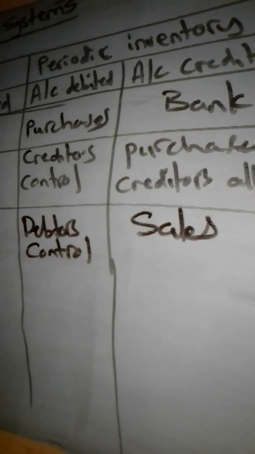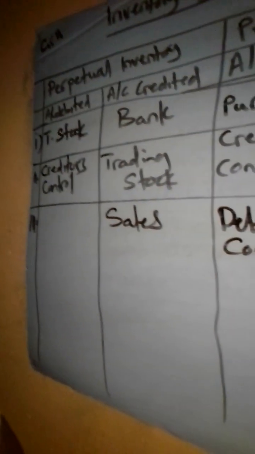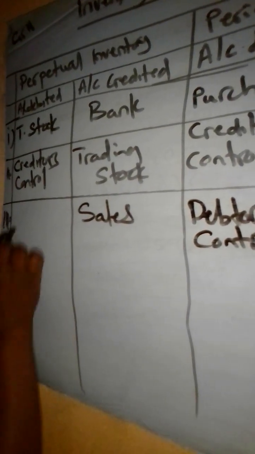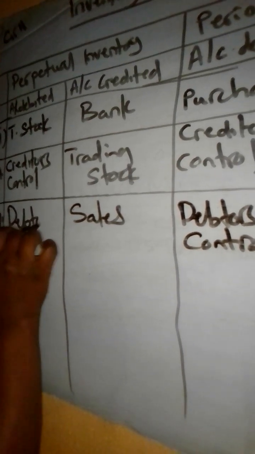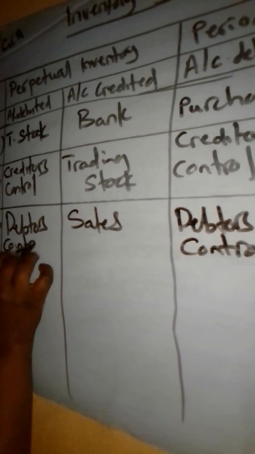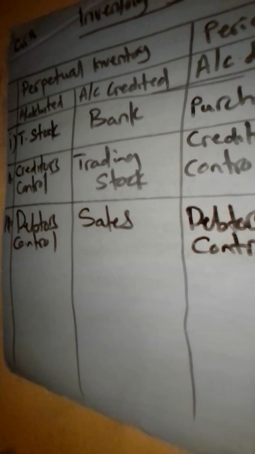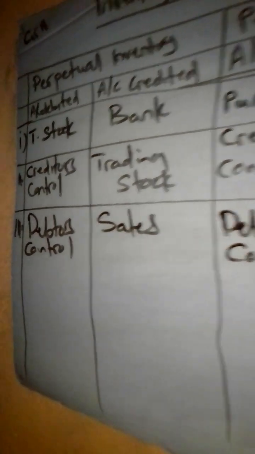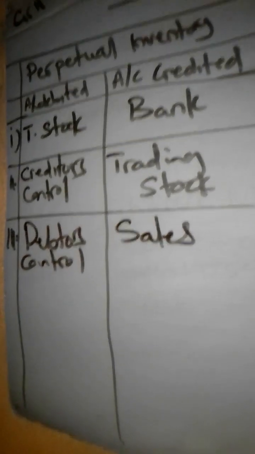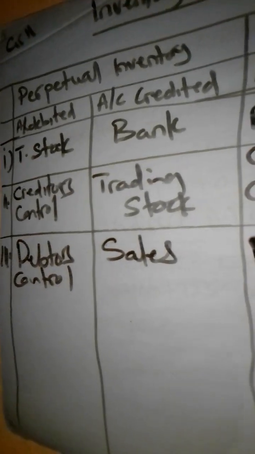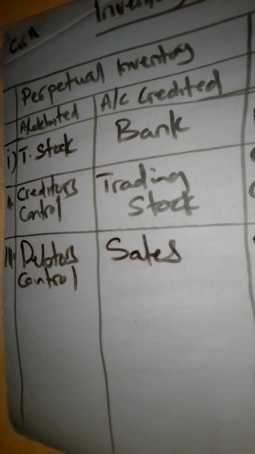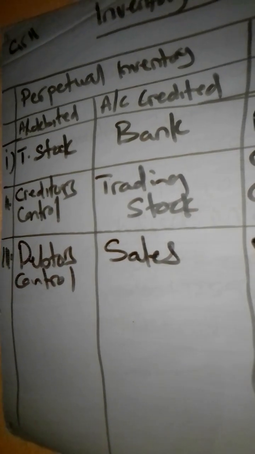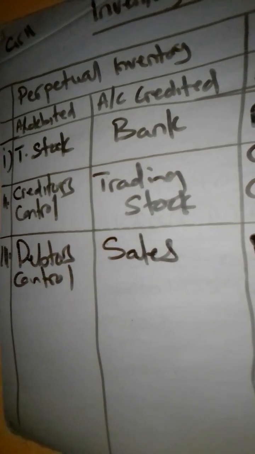Now, when we come to the perpetual inventory system, we are going to indicate debtors control on the debit side, and sales. And also at the same time, we are going to indicate trading stock and the cost of sales. What do we debit? What do we credit? Our trading stock decreases whenever we sell.